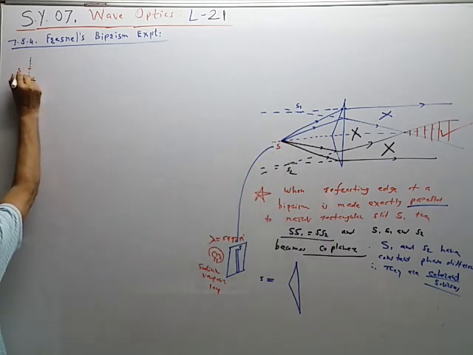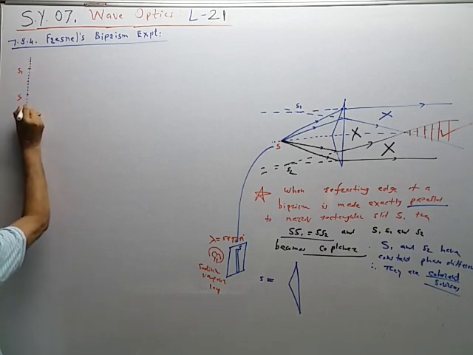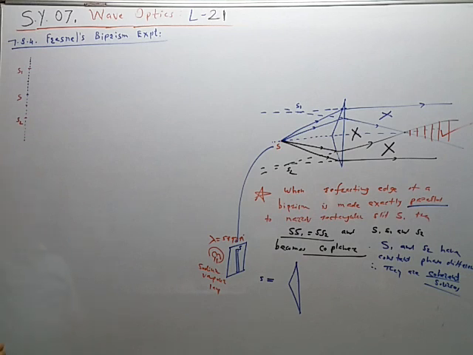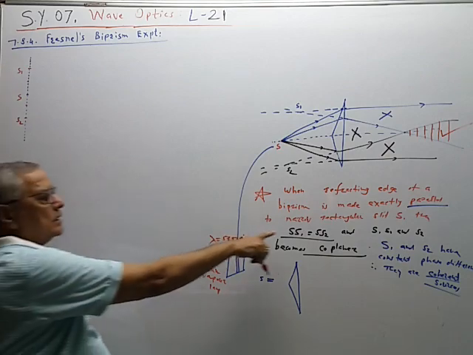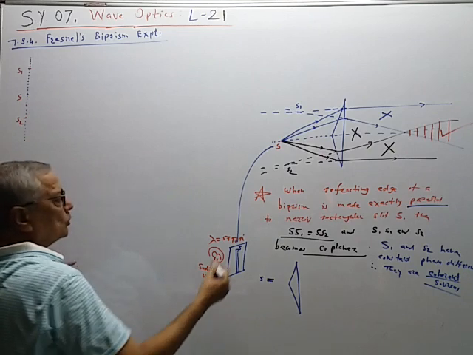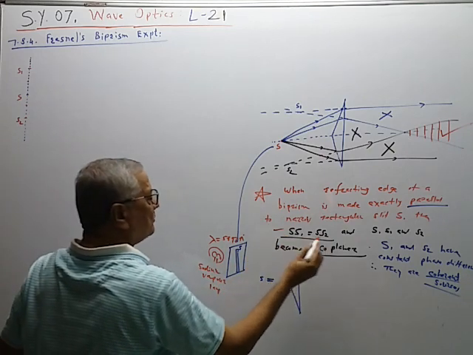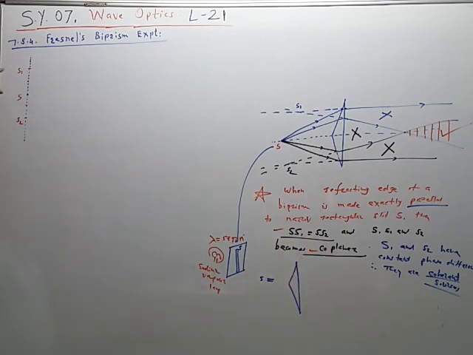So two lines above this is S1, two lines below that is S2. So the distance SS2 is equal to the distance SS1. So these two distances are equal. This condition is satisfied and they are coplanar. So both the conditions are satisfied in our theorem: SS1 distance is equal to SS2 and they are coplanar.